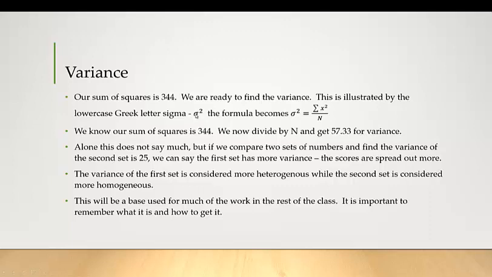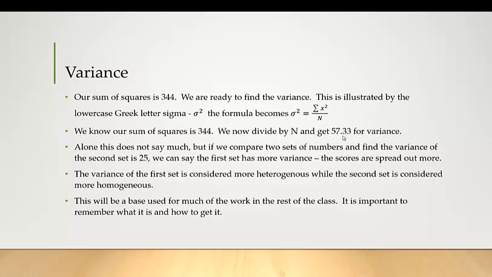The big capital sigma is the sum. The small sigma squared is variance. So our formula becomes sigma squared, or just call this variance, is the sum of our squares divided by our n. So our sum of squares is 344, and we know our n is 6. We had 6 class officers, so our variance becomes 57.33.